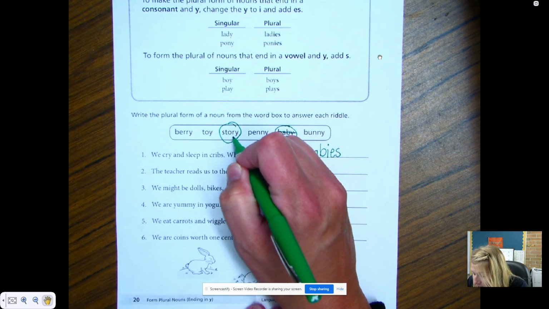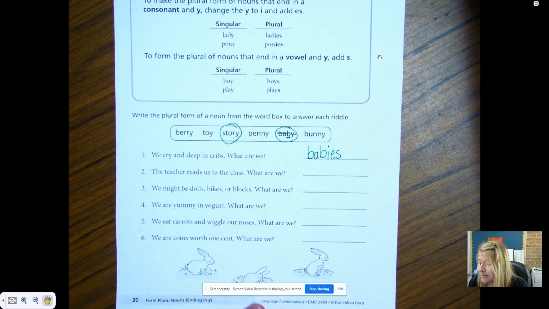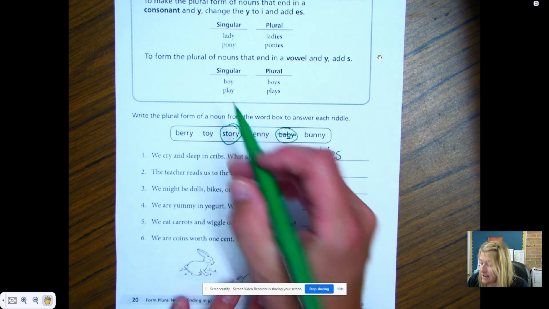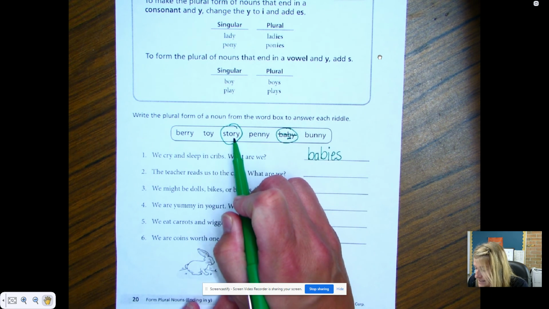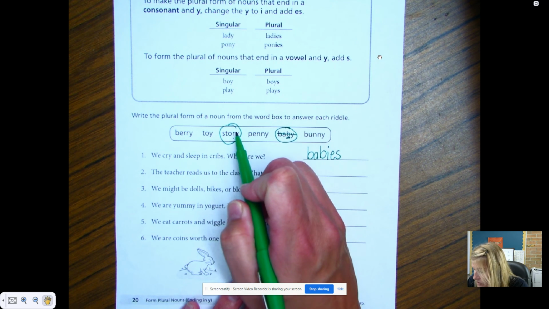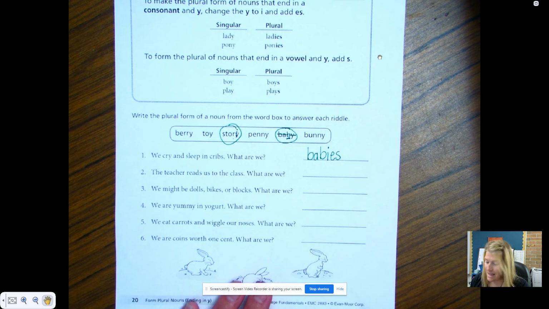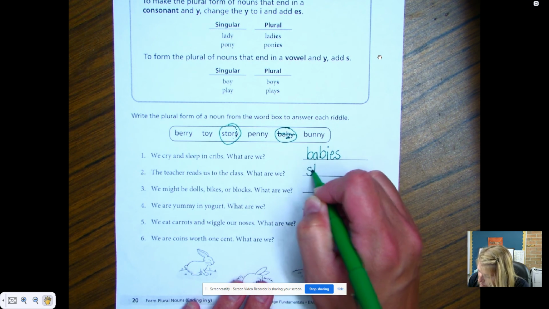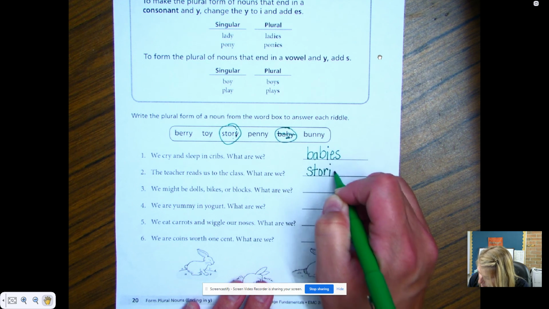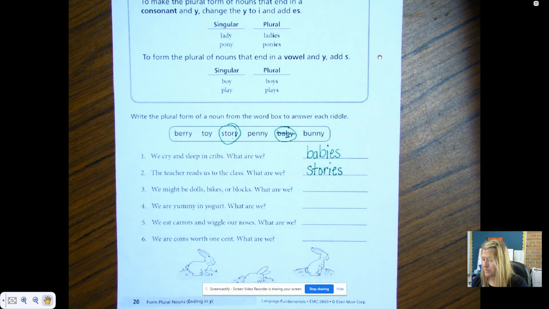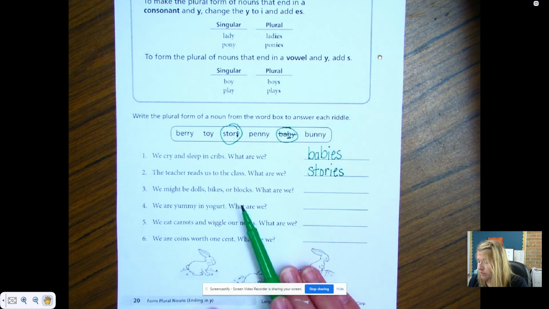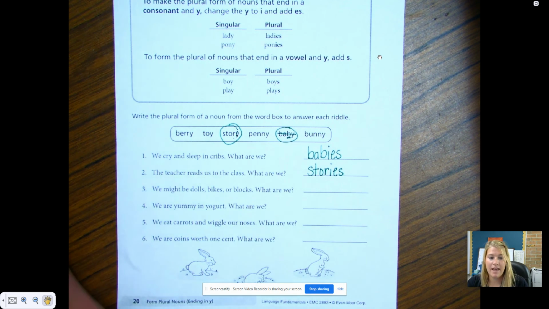Is it a consonant next to that Y? It sure is, and my rule is, if a consonant sits next to the Y, we change the Y to I and add ES to make it plural. So story plural would be written like this. All right, your turn to solve for 3, 4, 5, and 6. Happy practice.